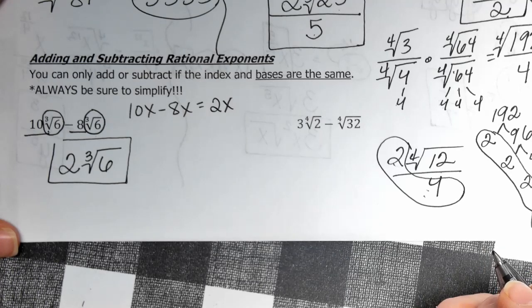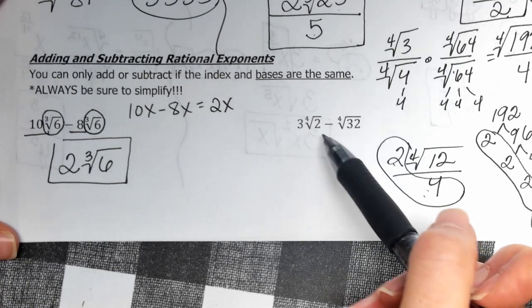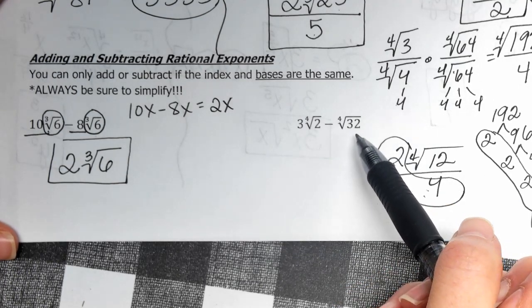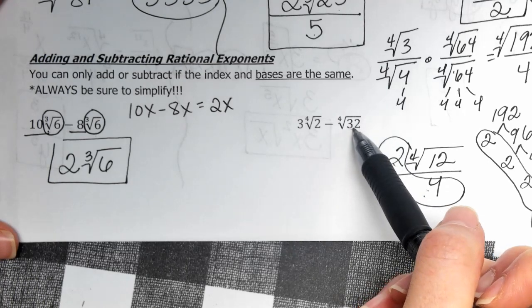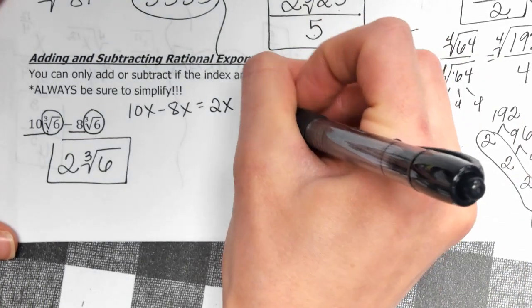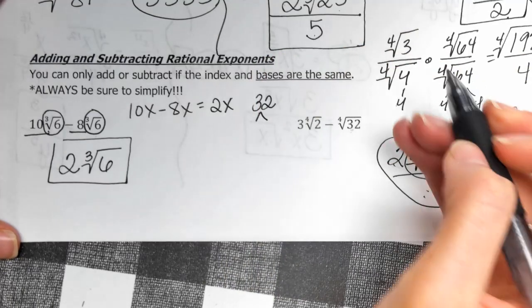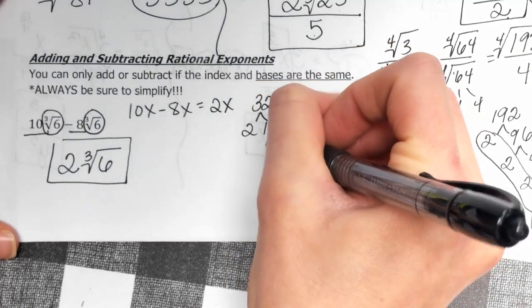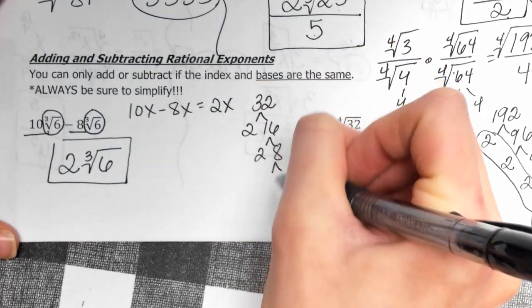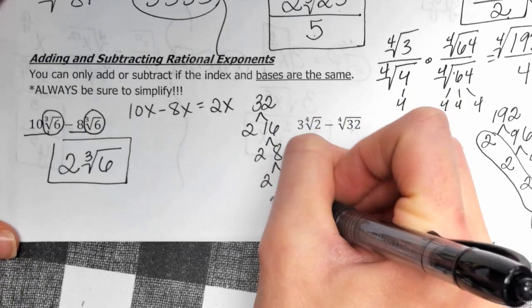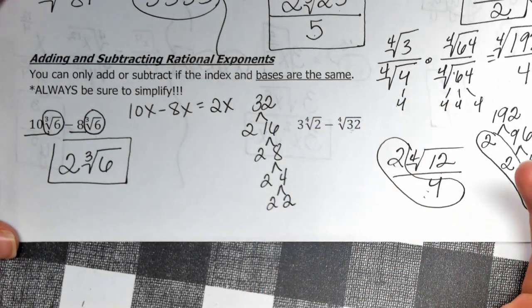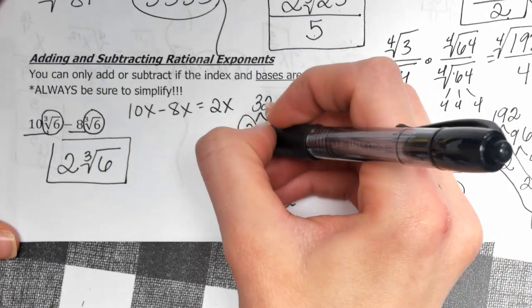Okay? But if I don't give you like terms, you have to make them like terms. So I'm going to take this 32, the 4th root of 32, and I'm going to break it down. That's going to split 2 and 16, 2 and 8, 2 and 4, 2 and 2. It's the 4th root, so I need 4.